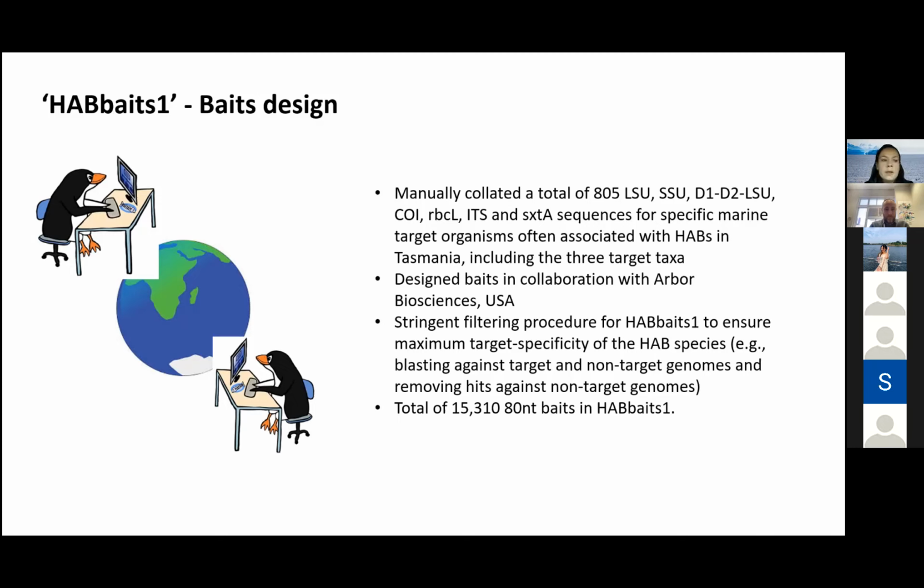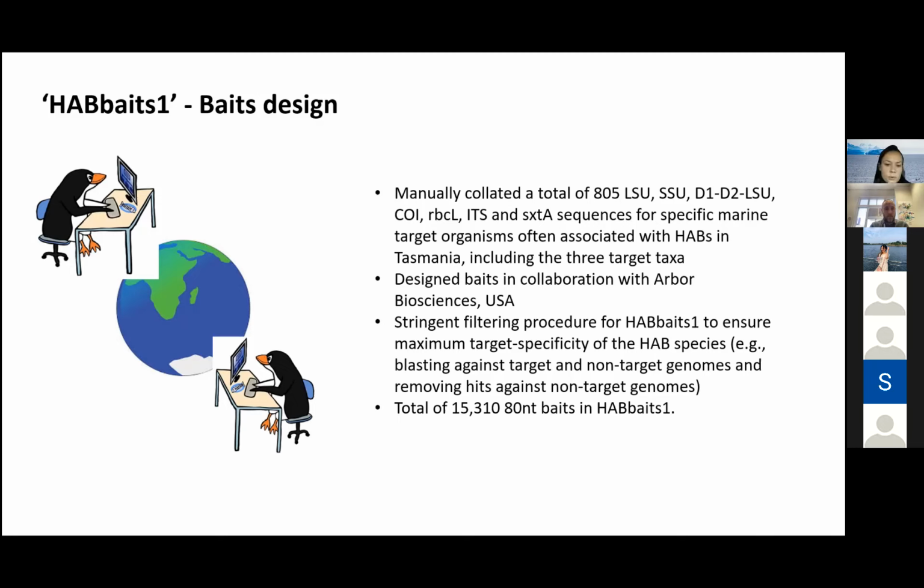For example, HABbaits1 have their own reference databases they can utilize and then blast the sequences of the baits against target taxa and non-target taxa. And if they capture or match anything that is a non-target taxon, that would be removed from the bait set. So there are different things they can do to make these baits as specific to the organisms as possible. And that's a process to work through with them.